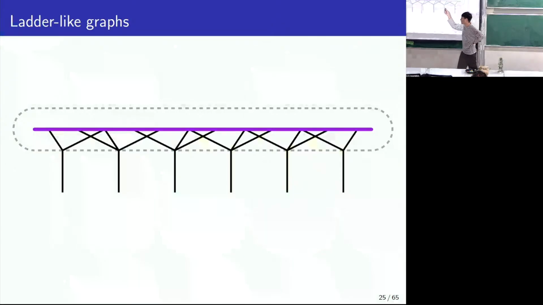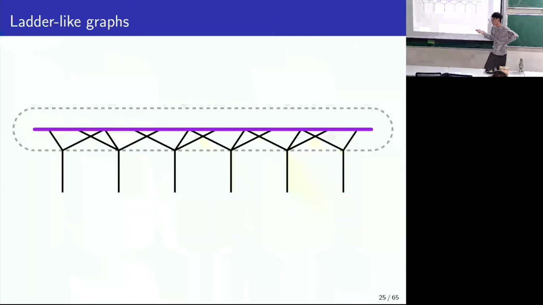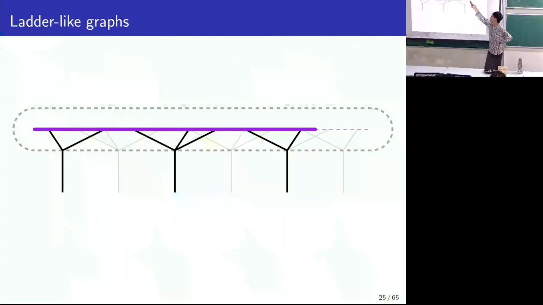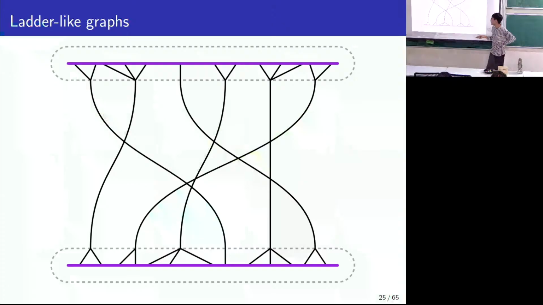So if there are a lot of such non-adjacent paths, we can clean up, maybe just removing some paths, this black path here, and cutting off this purple path a little bit. And we can do the same thing on the below side. And we will somehow clean up these neighborhoods.